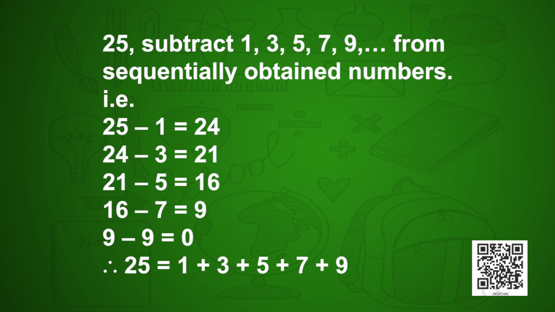When you keep subtracting the odd natural numbers from the obtained answer, at the end we get 9 minus 9 is equal to 0. Since we subtracted all these numbers and ended up with 0, we can write this 25 as 1 plus 3 plus 5 plus 7 plus 9. So, this means that 25 can be expressed as a sum of consecutive odd numbers starting with 1. Therefore, by our property we can say that 25 is a perfect square.